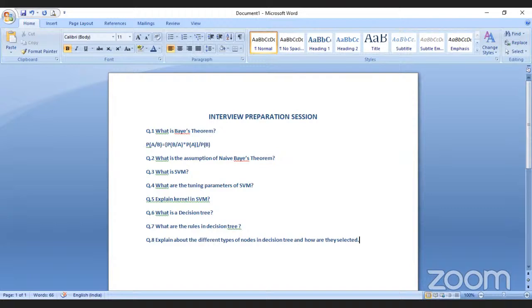So as it is a tree-like structure, we have the root node, then the internal node, then the leaf node in a decision tree. The decision tree starts at the root node, which is the first node.